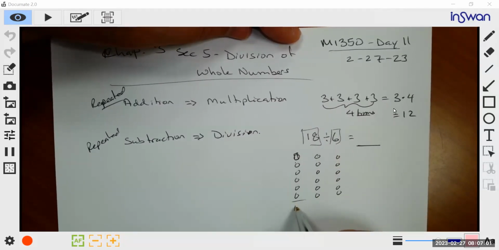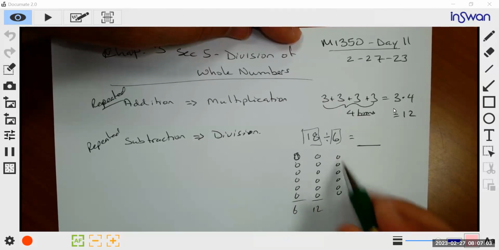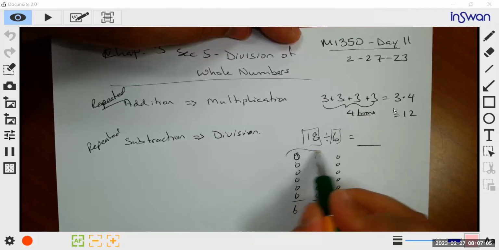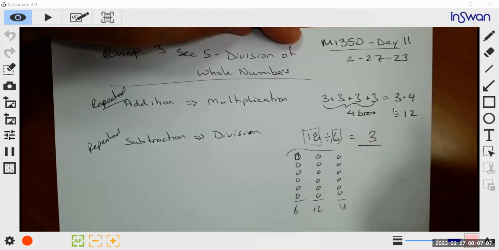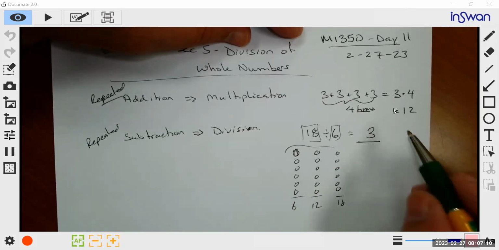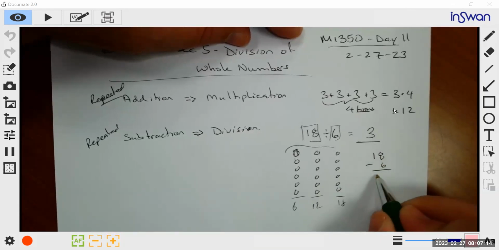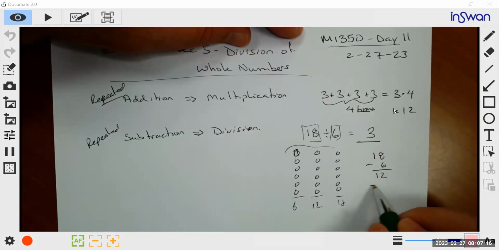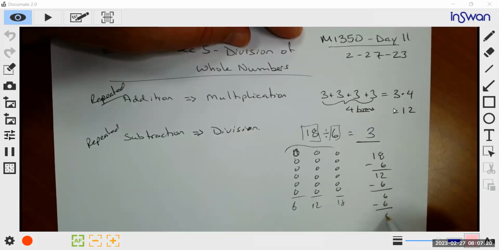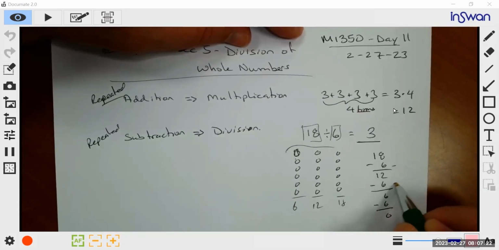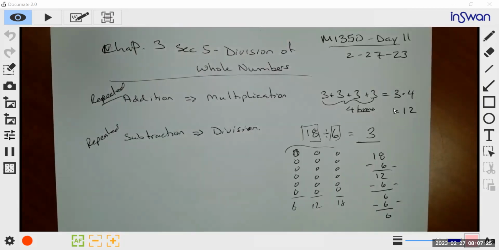So that's 6, this makes it 12, and this makes it 18. We have 3 groups. So 18 minus 6 is 12, 12 minus 6 is 6, 6 minus 6 is 0. So 1, 2, 3. Those are the inverses of each other.